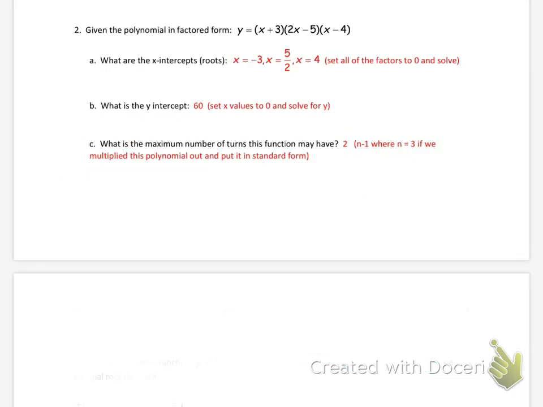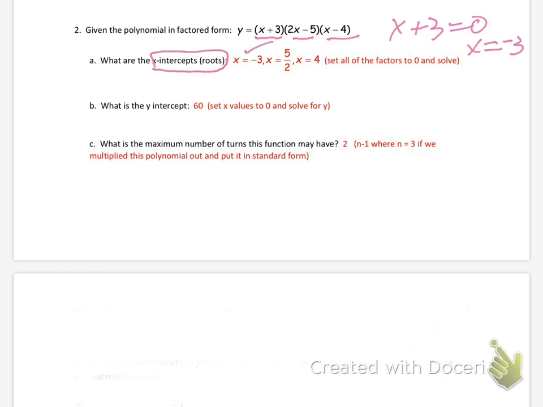Okay, question number 2 says, given the polynomial in factored form. Okay, so these guys are your factors. What are the x-intercepts? And the x-intercepts are also called roots. And the way you get them is you set each of those 3 factors equal to 0. So I'm anticipating 3 roots. So if I said x plus 3 is 0, then that means that x equals negative 3.